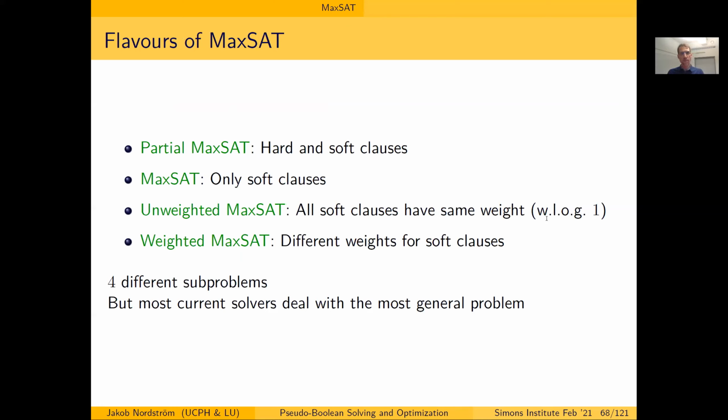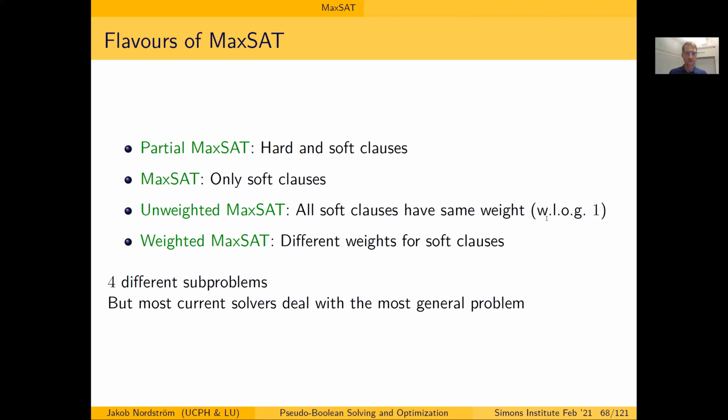So the MaxSat problem comes in 4 flavors. If we have only soft clauses, then it's the original traditional MaxSat problem. If we have both hard and soft clauses, then it's known as partial MaxSat. And then you can have weighted or unweighted versions of these problems, where in the unweighted version, all the soft clauses have the same weight, which without loss of generality we can consider to be 1.